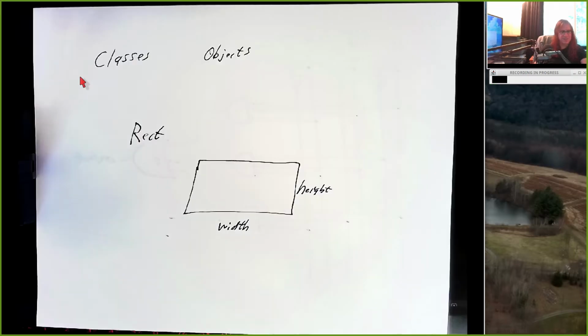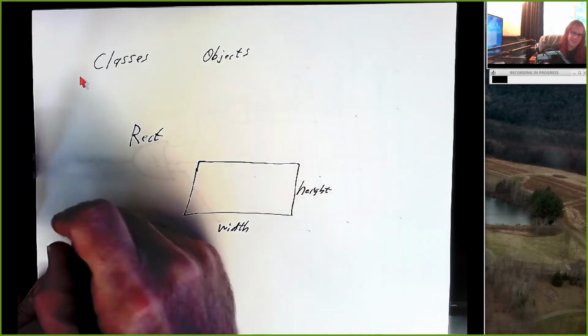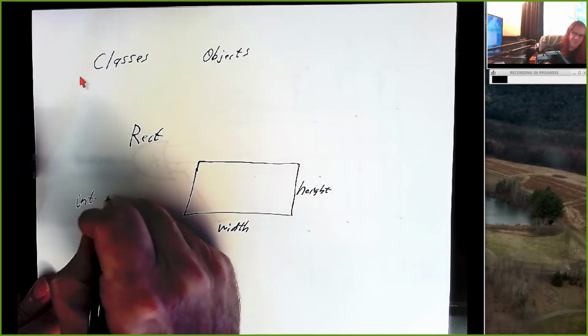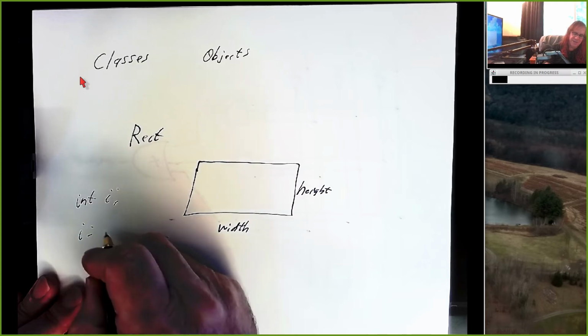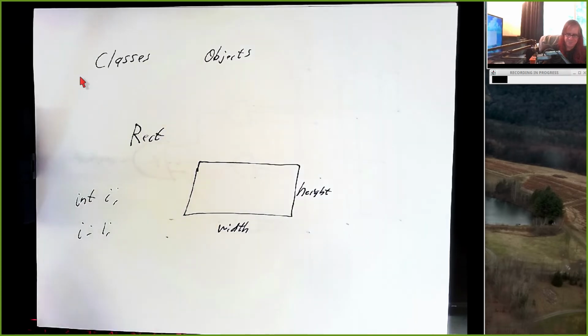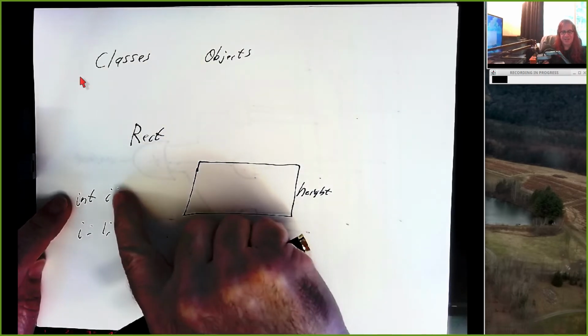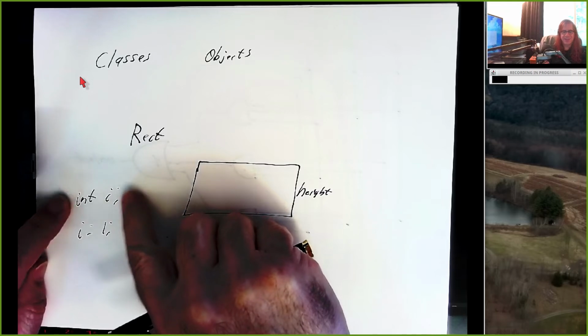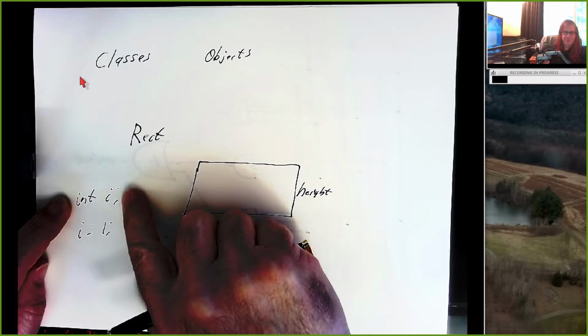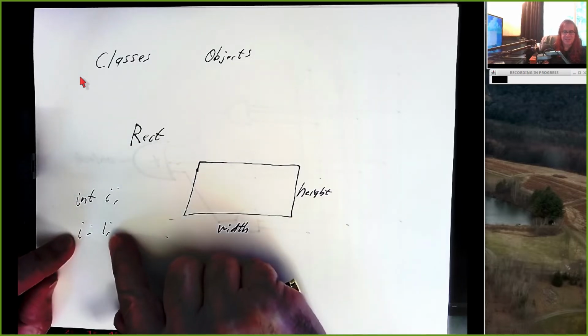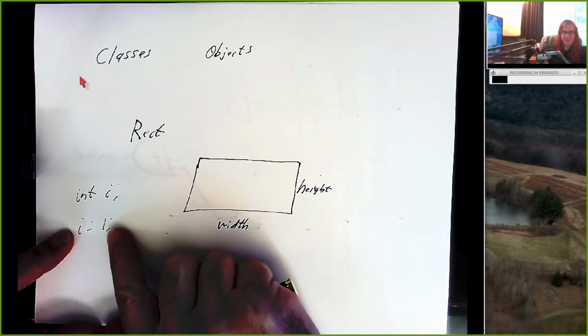It's very much analogous to saying integer I equals 1. This is telling the compiler I is going to be an integer, but we can't really do anything useful with I until we give it a value. The first thing we're going to do with I is initialize it, and so we say I equals 1.